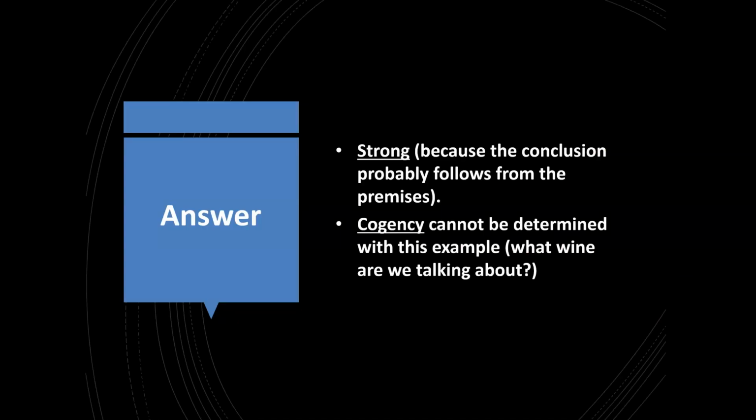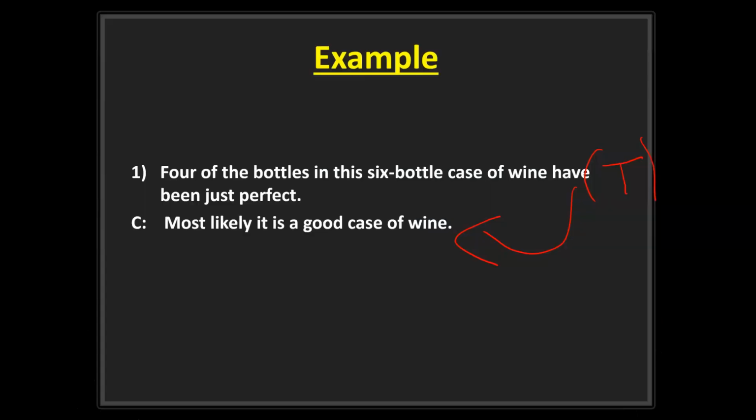So this argument is strong because the conclusion probably would follow from the premises. And again, like that first neighbor example, cogency can't be determined with this example. What wine are we talking about? Does it even exist, etc.? Right? If you've got a 6-bottle case and 4 of them have been perfect, you're warranted and justified to draw this conclusion, that most likely it's just a good case of wine. Again, this is a generalization, by the way.